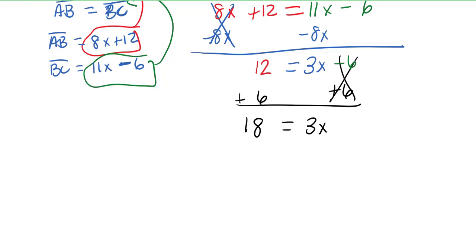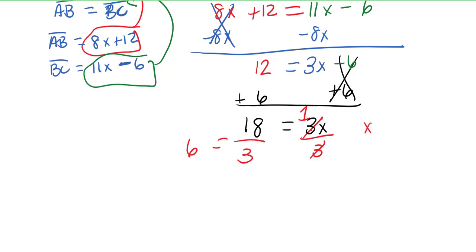Then, to undo multiplication, which is what 3 times x is, we divide by 3 on both sides. 3 divided by 3 just becomes 1, and 18 divided by 3 is 6.